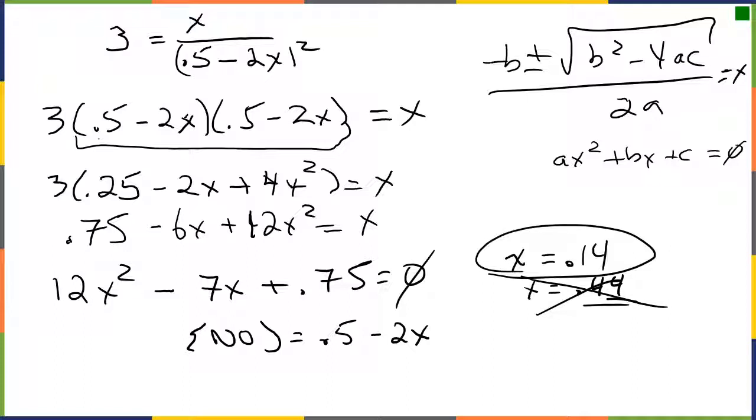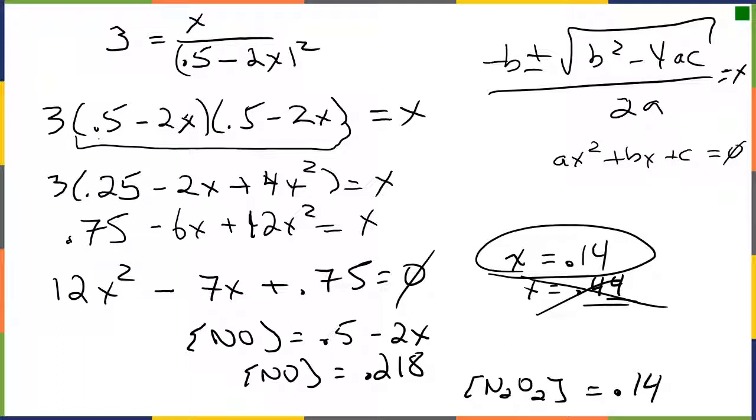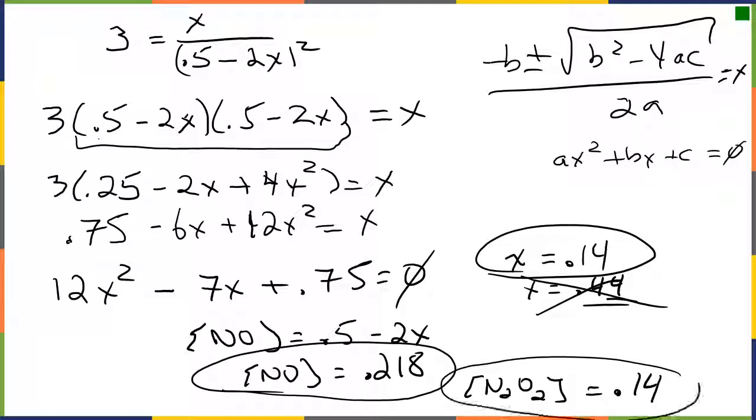So the only one that can work is 0.14, and the concentration of NO is going to equal 0.5 minus 2 times 0.14, and that is going to equal 0.218. The concentration of N2O2 is simply equal to x, and that is equal to 0.14. All right, so those are our final values. I think these are actually pressures, not concentrations, but you know what I mean.